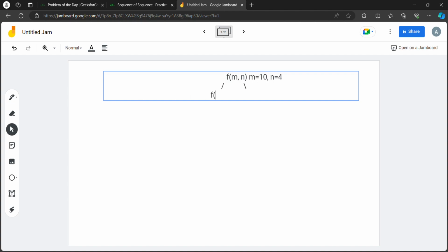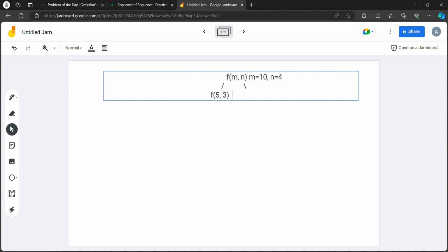If we consider 10 as our last element in the sequence, then our second last will be m by 2, which is 5, and our size decreases by 1, so it will be 3.